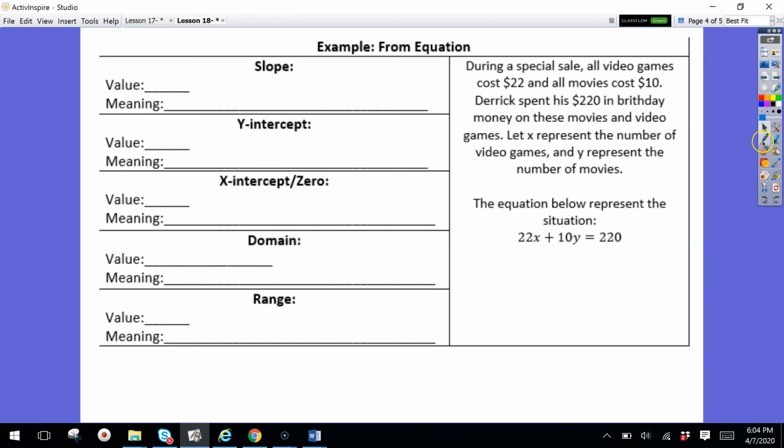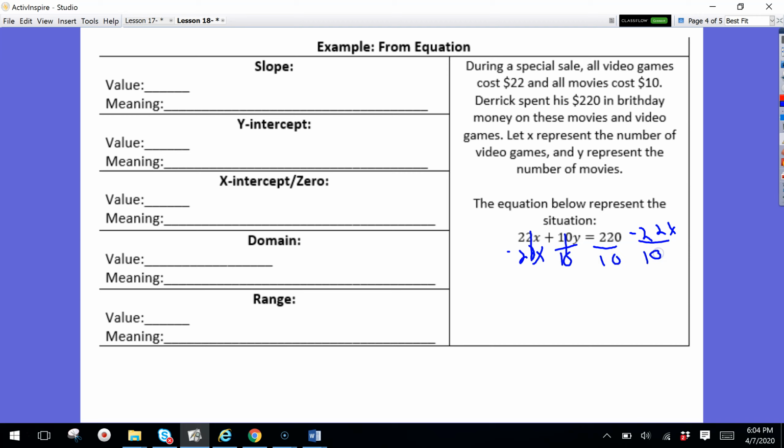So let's go ahead and figure out the slope of this using what we know about how to solve algebraically. So my slope here, when I solve this out, we're going to subtract 22x from both sides. And then we're going to divide everybody by 10.